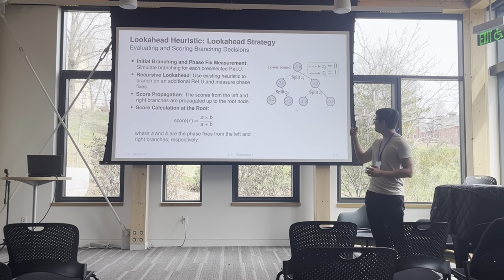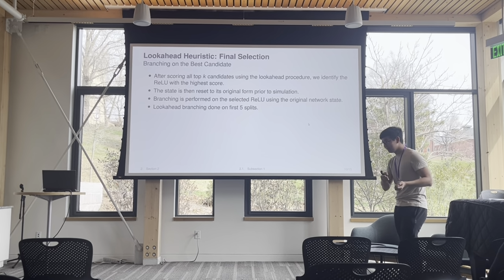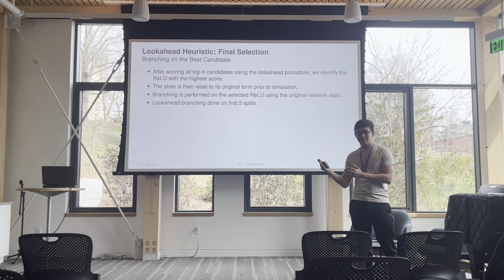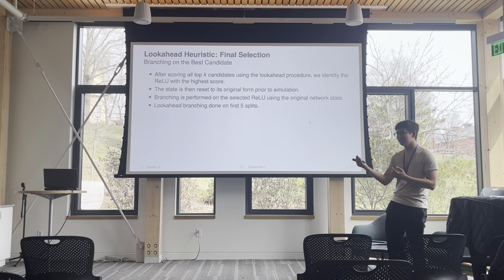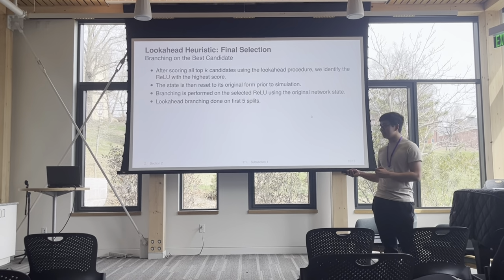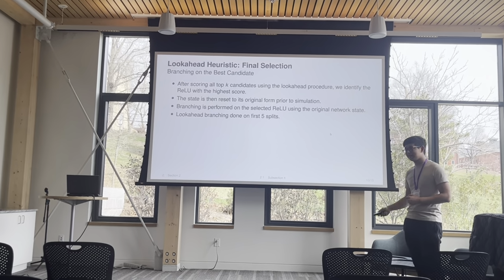And once we do this look ahead strategy, we're going to then just reset the state, because if you don't reset the engine state, you could get to some infeasible states. So that's a problem. So you just want to avoid that, and then you're going to branch on the row that got the highest score.